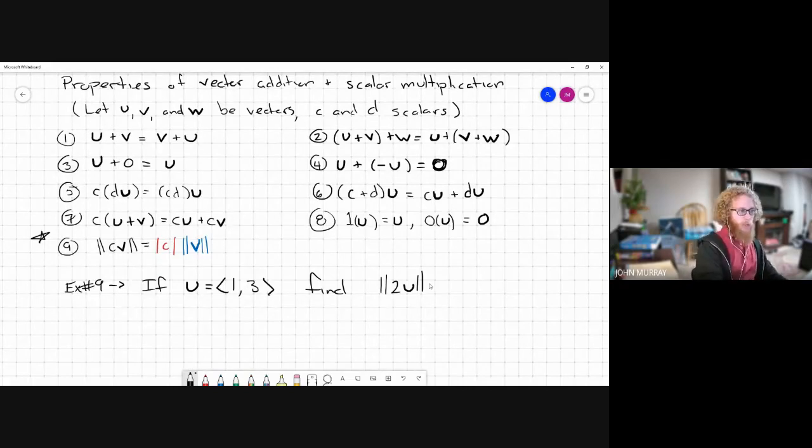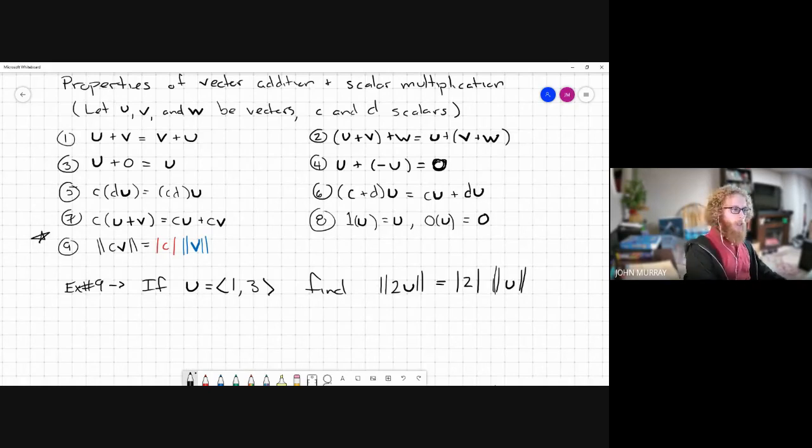So first, I'm going to separate it like I see here. So the magnitude of 2u is going to be the absolute value of 2 times the magnitude of u. Now remember, the magnitude of a vector is just a single number. It's the distance, the length of the line, however you want to call it. And the absolute value of 2 is just 2.